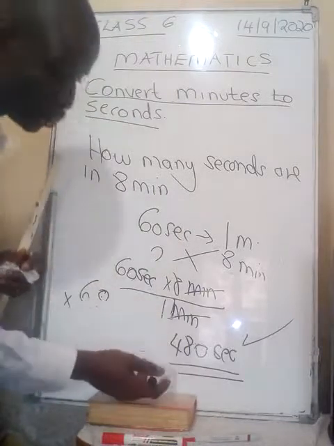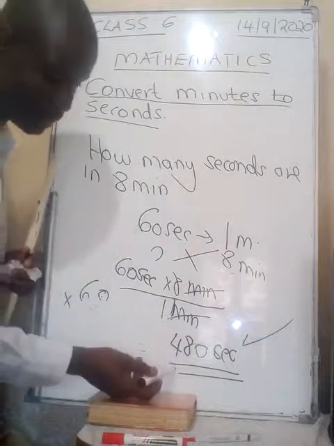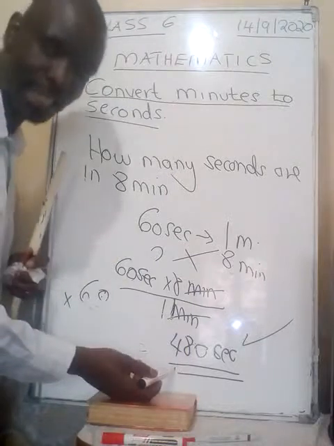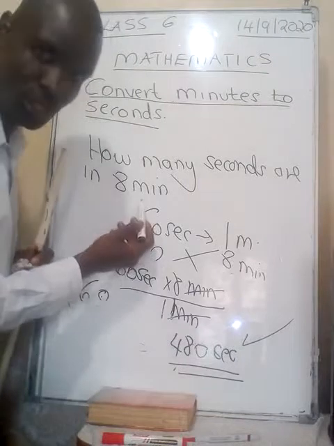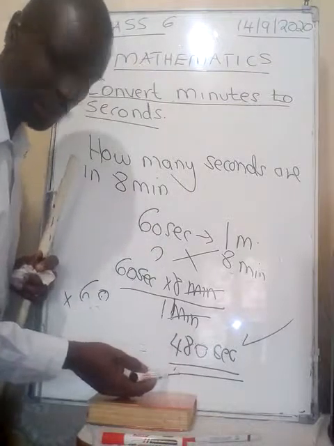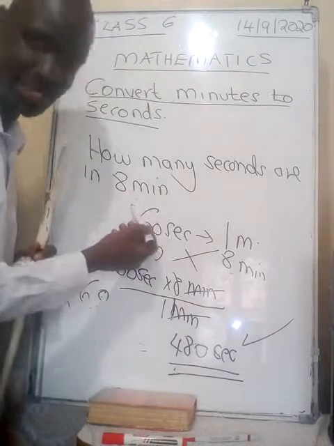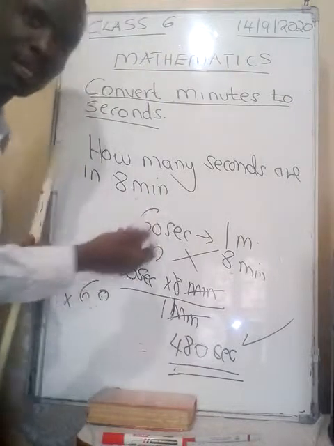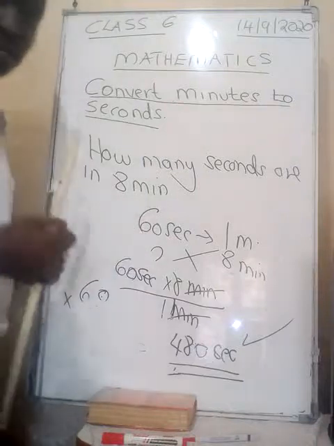So we have more seconds and fewer minutes. Only 8 minutes, but they are giving us 480 seconds. That is a clear indication that when you're changing a bigger unit into a smaller unit, it will have to be more. But when you're changing a smaller unit into a bigger unit, it will be less.